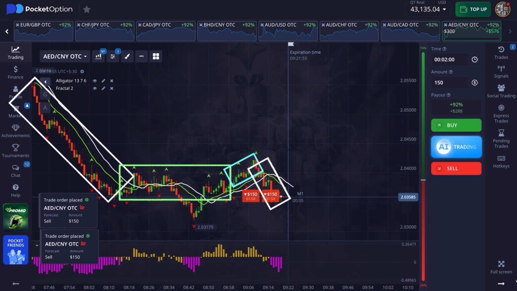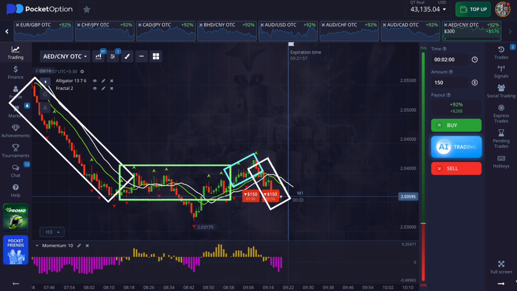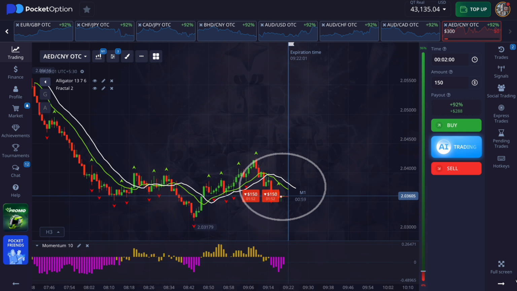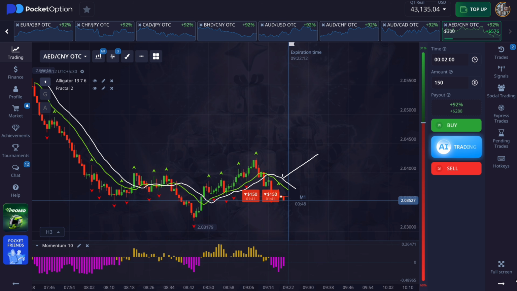Here, the chart is clearly moving in a bearish direction. First, the overall market structure is already weak, and price is trading below the 2 alligator lines. Both lines are also sloping downward, which shows that the market is still under bearish pressure. After that, the fractal indicator is also showing a downside signal.